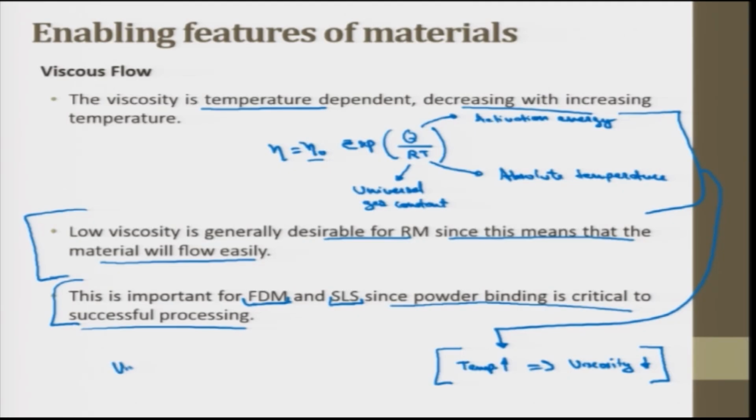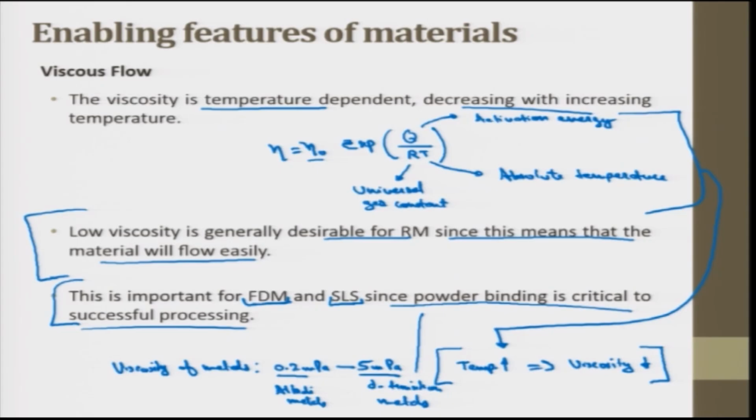So I can put: viscosity of metals ranges from 0.2 megapascal to 5 megapascal. 0.2 megapascal is for alkali metals, and this is for D transition metals.